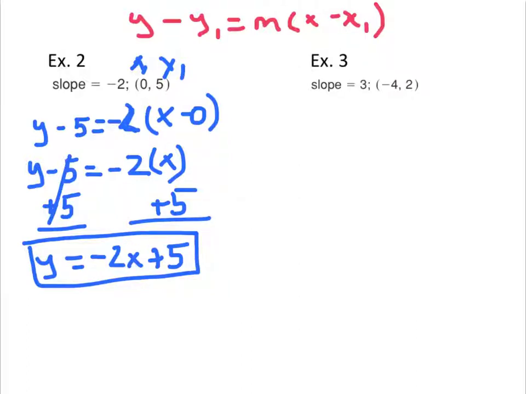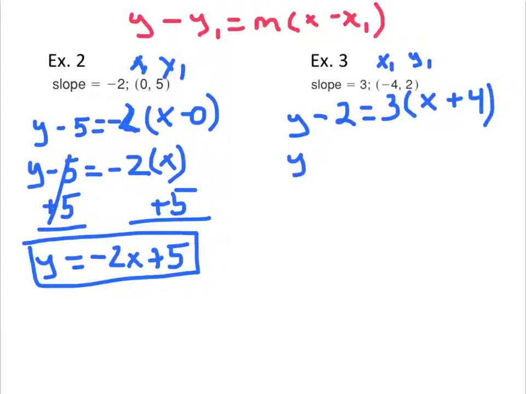So example 3. We have an x1 of -4. We have a y1 of 2. So y minus 2 equals my slope of 3 times x minus a -4, so really adding 4.